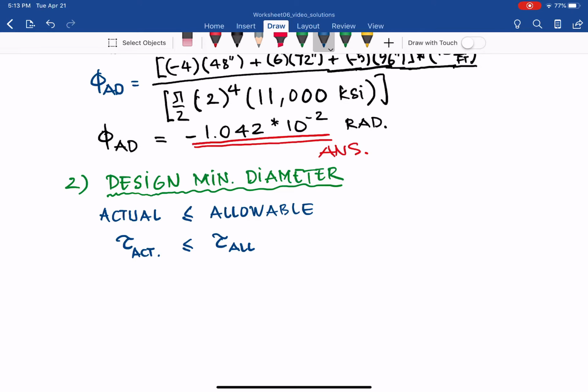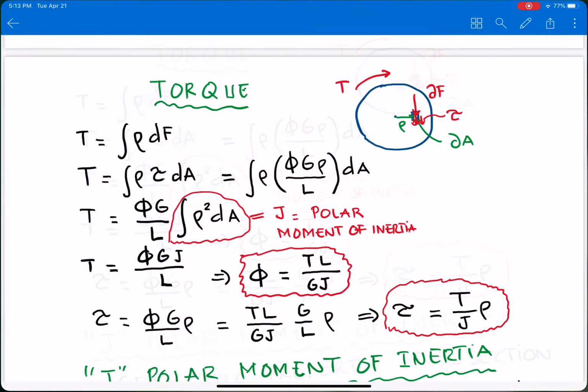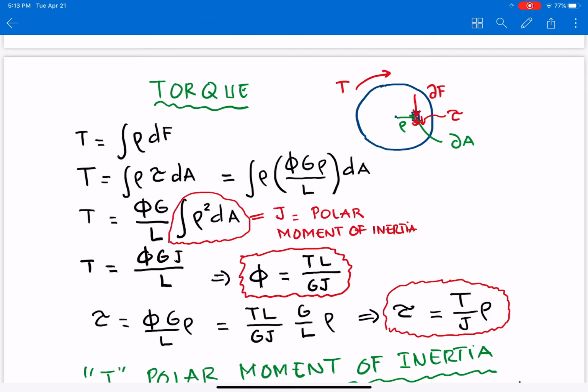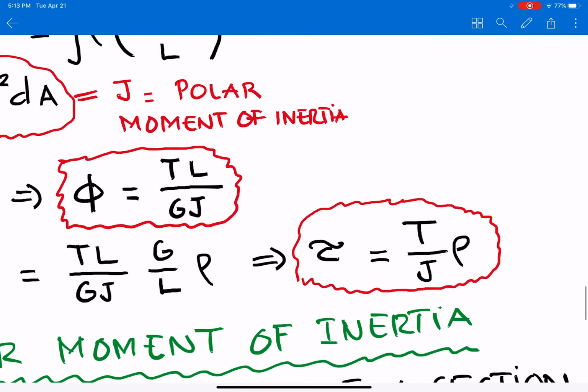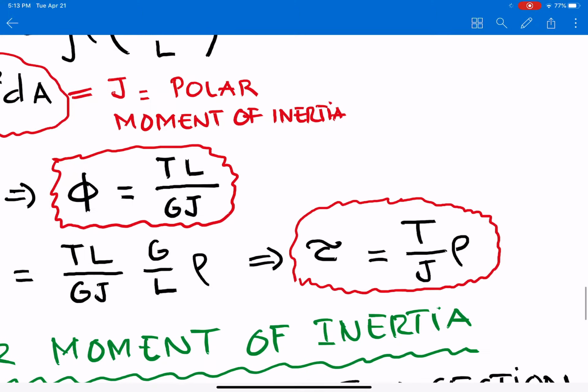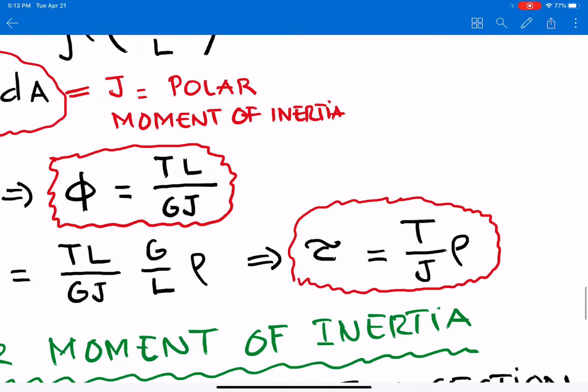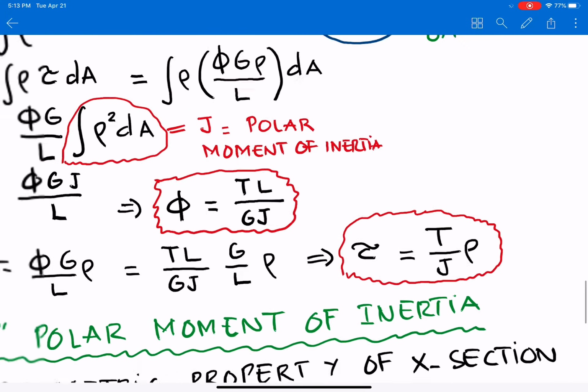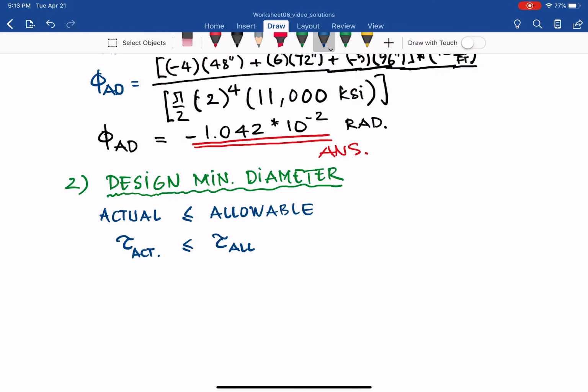For the actual tau, if you recall the equation, it is T rho over J, and its maximum is when rho equals C. So we will have T C over J has to be less than the failure mode, which in this case is the yielding shear stress, Ty, divided by the factor of safety to get the allowable shear stress.